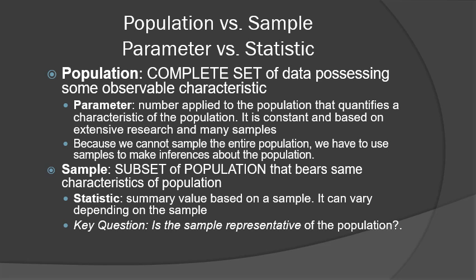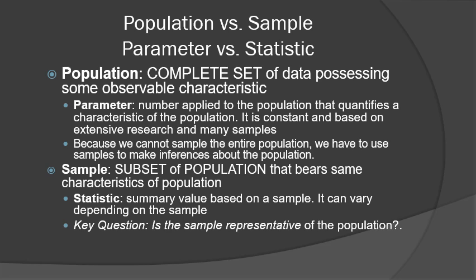One key question we have to ask ourselves, though, is: is our sample representative of our population? Because to do inferential statistics, our sample needs to be as close to our population in representation as possible. In theory, and I'll talk about it a little bit on the next slide, we like to think that they're closer than they are, but in general, they're actually probably not as accurate as we would like.